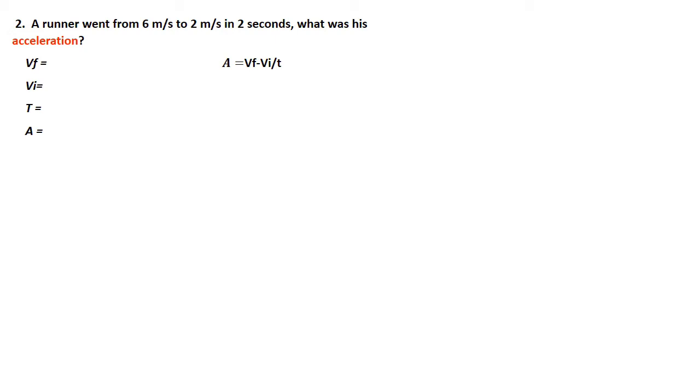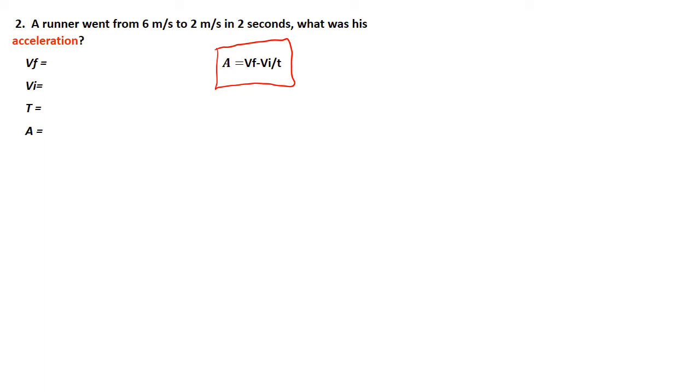On problem number 2, it says a runner went from 6 meters per second to 2 meters per second in 2 seconds. What is his acceleration? Again, on this problem, we're still giving you the equation, so you don't even have to bother looking on your note card. But we didn't plug in any information on the left over here, so we have to find it.